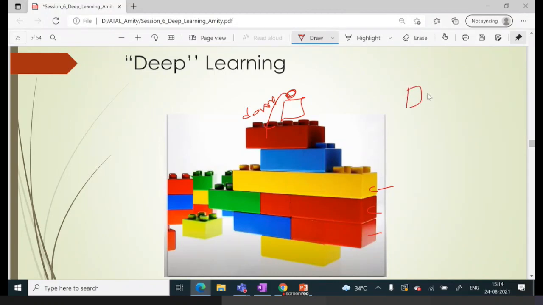This name has just stuck. It may be possible that if researchers had considered a scenario where modules are stacked left to right, then maybe they could have called it wide learning or something like that. Right? But the name is deep, which we all know.